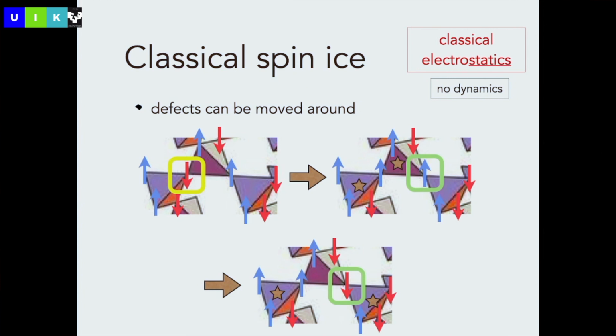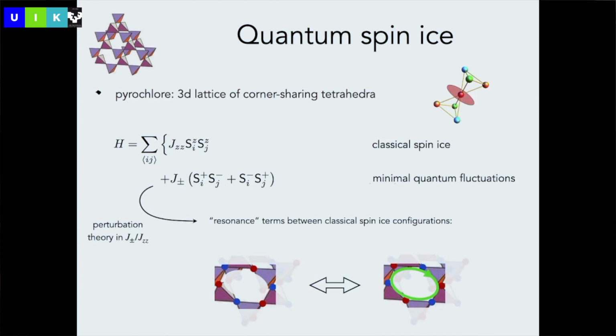So what the addition of the quantum mechanical term, the transverse term, does for you is that instead of being able to do this statically, it really creates a superposition of all these guys. Okay, and what happens is that the transverse term creates a resonance between the different classical spin-ice configurations.